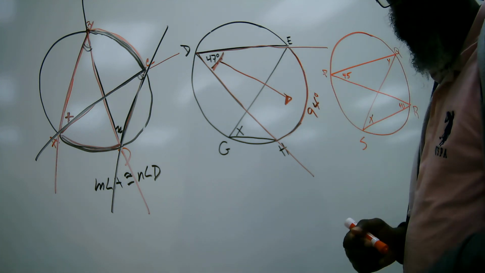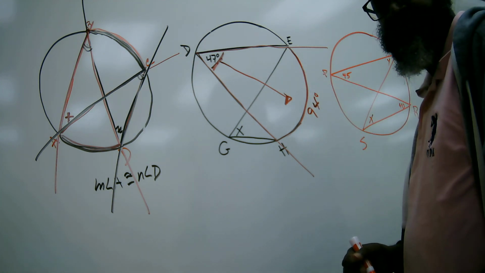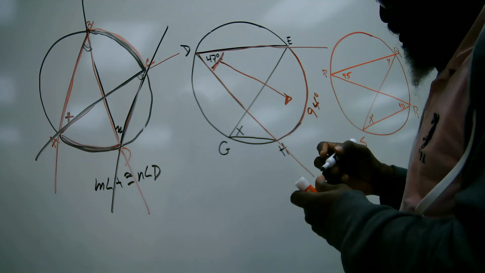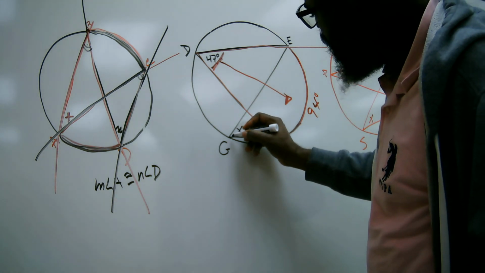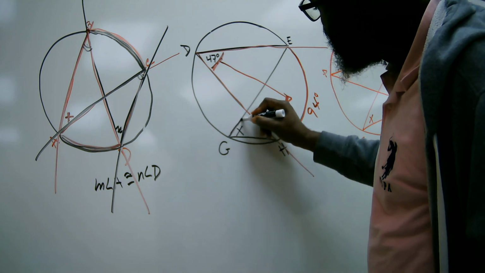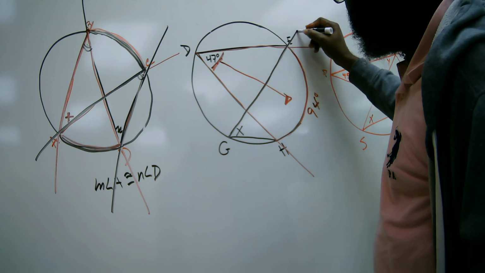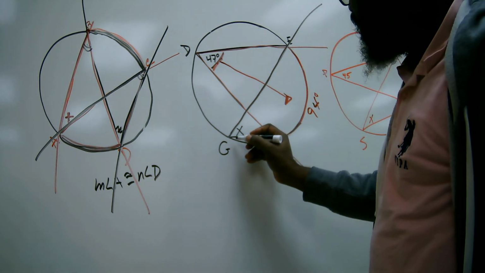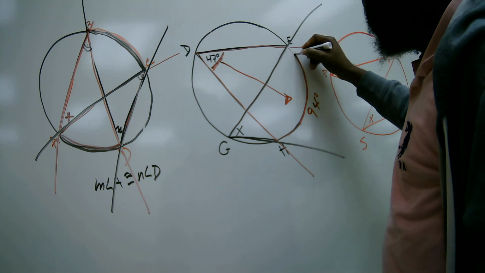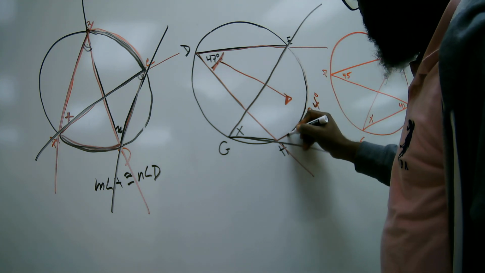So let me see what relationship it has to angle G, which is represented by X. Let me trace this inscribed angle here. When I trace it, this is the first secant, and this is the second secant. It's giving me that intercepted arc, which is 94.